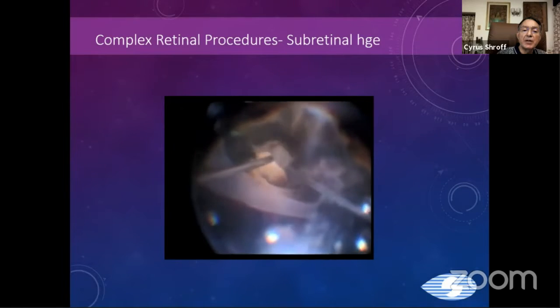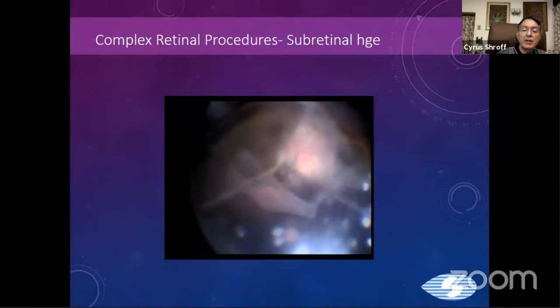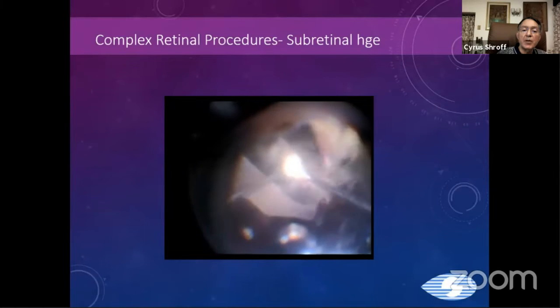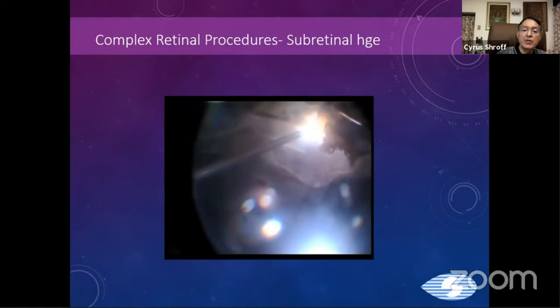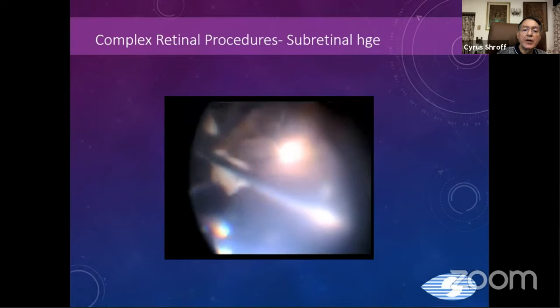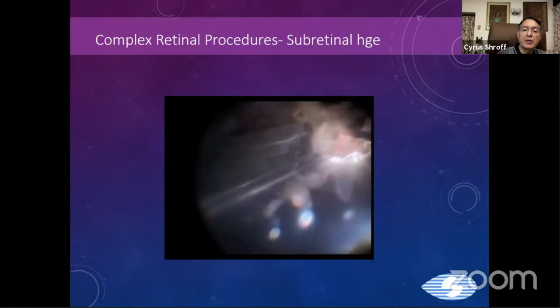Sometimes it is subretinal, sometimes even it can be sub-RPE. And then you have to really decide how aggressively you need to go after that and what part of the hemorrhage can be left alone to avoid removing huge areas of retinal pigment epithelium.